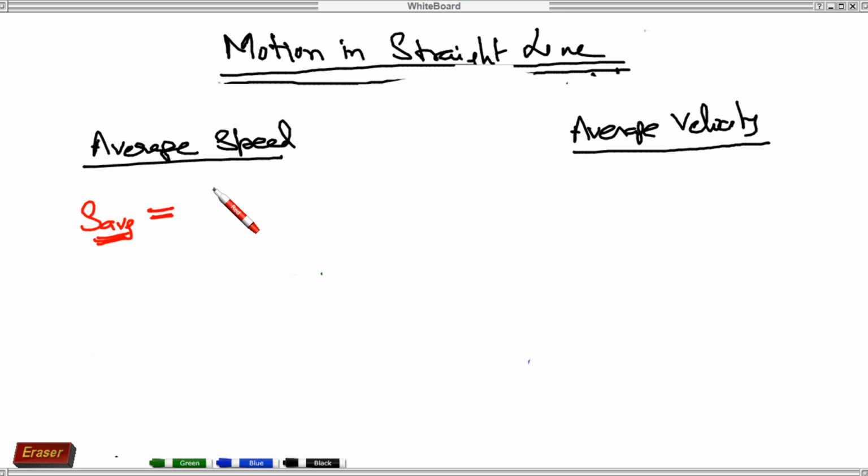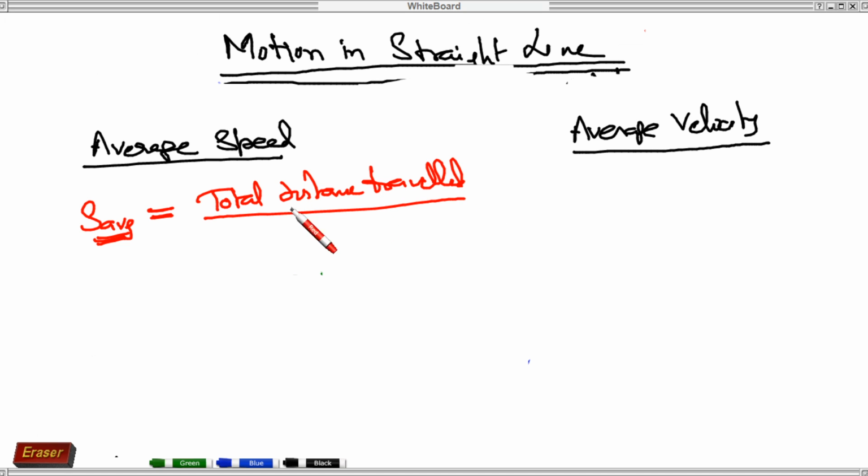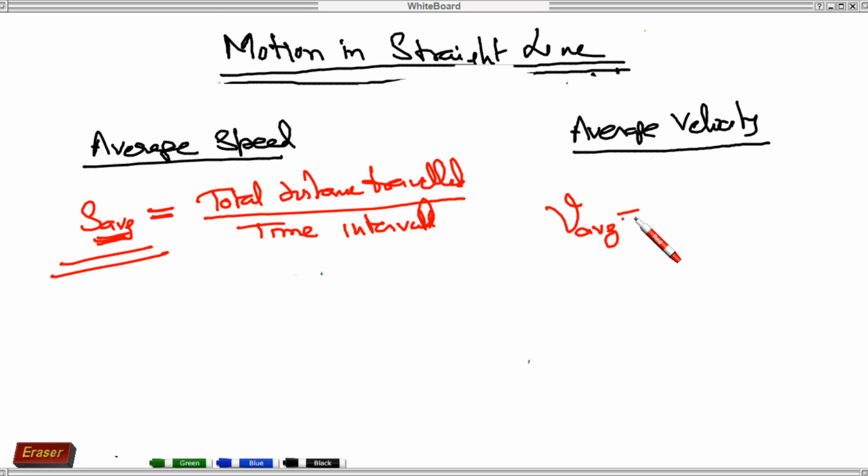So total distance traveled over time interval. This is what is called the average speed. And what is average velocity? V-AVG we are writing here: total displacement. Here we are using distance, here we will use displacement.